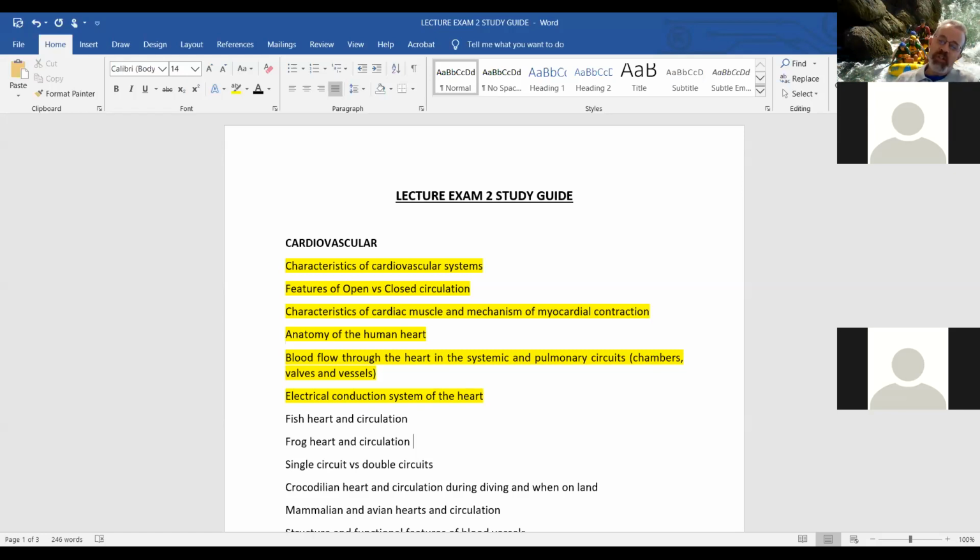So you should know that circuit, and you should know the challenges of that, or the drawbacks. Remember, this is a circuit that, because it's a single pump, doesn't have a lot of pressure. Especially going through 2 main sets of capillaries, the first set at the gills and the second set at the other organs, the blood slows down quite a bit.